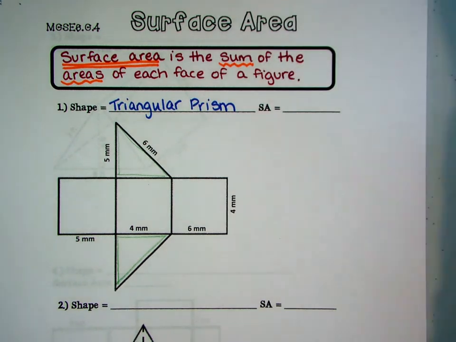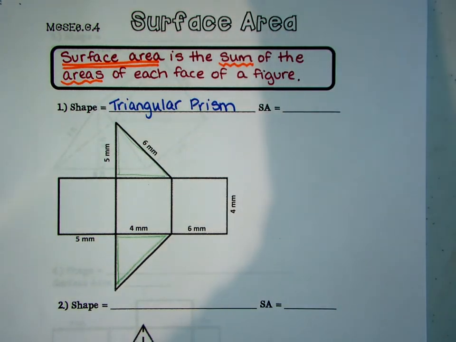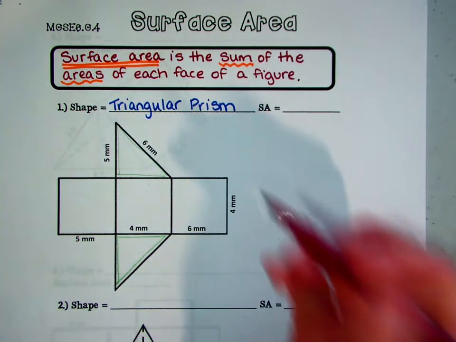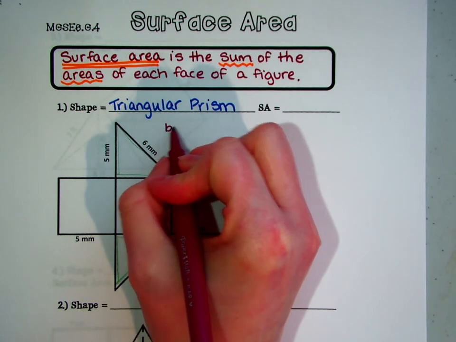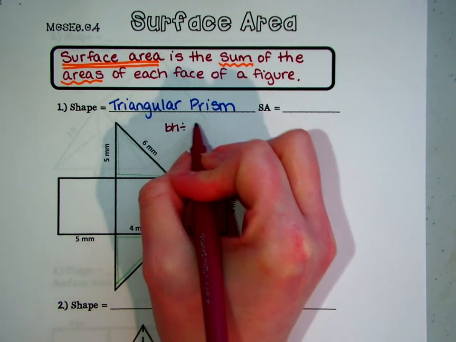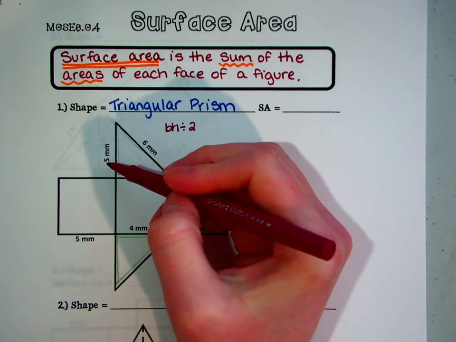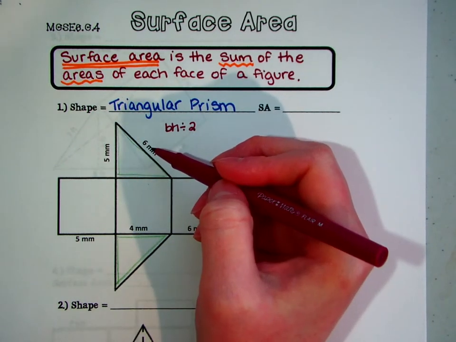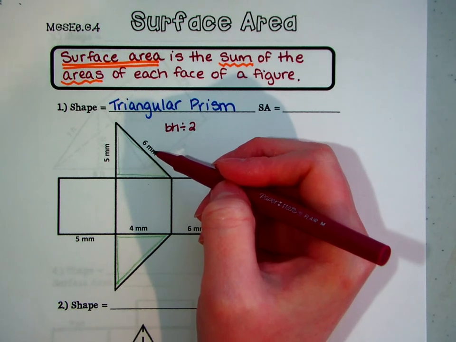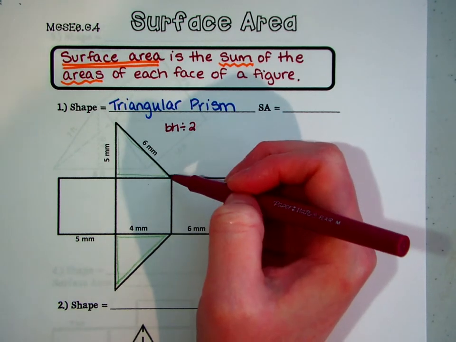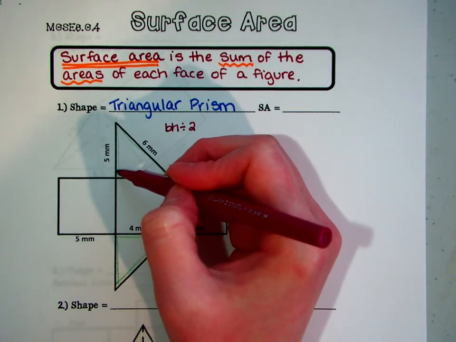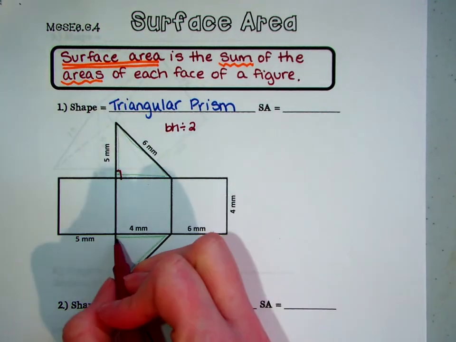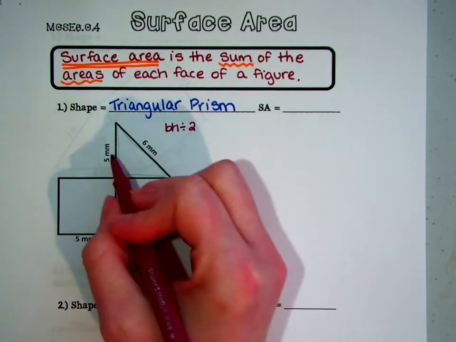And one of the biggest things that throw people off with this is, if you recall, to find the area of a triangle, you guys know we have to do base times height divided by 2. A lot of people want to do 5 times 6 divided by 2. But that 6 is not my base nor my height. It's what's called the slant height or the hypotenuse of this right triangle. Okay? So you got to be careful here.